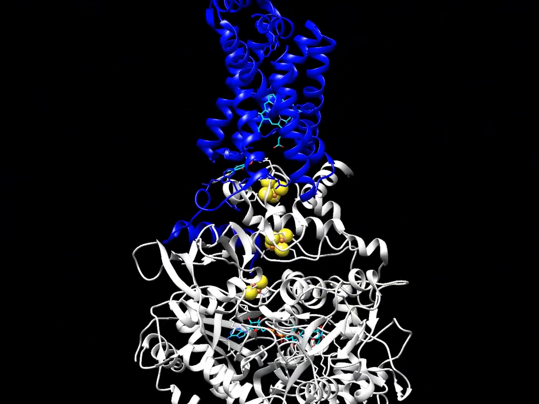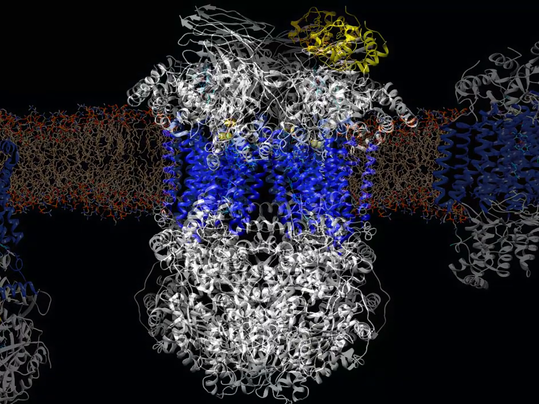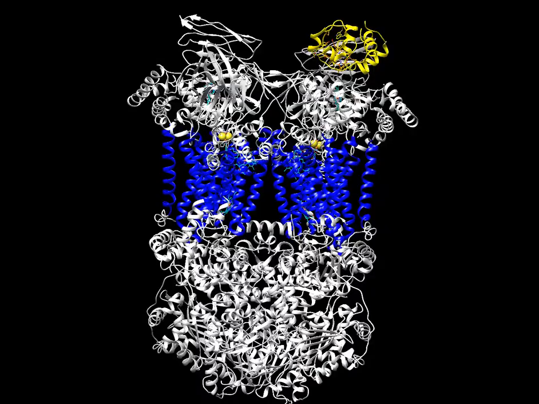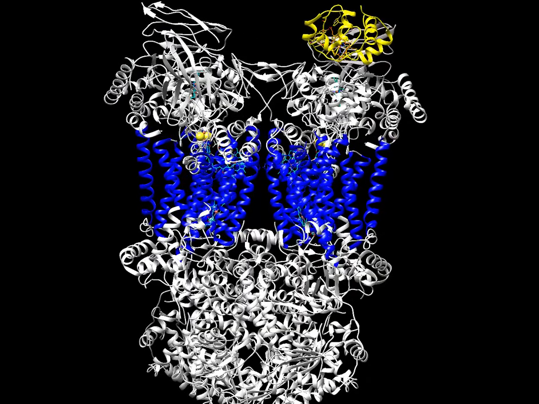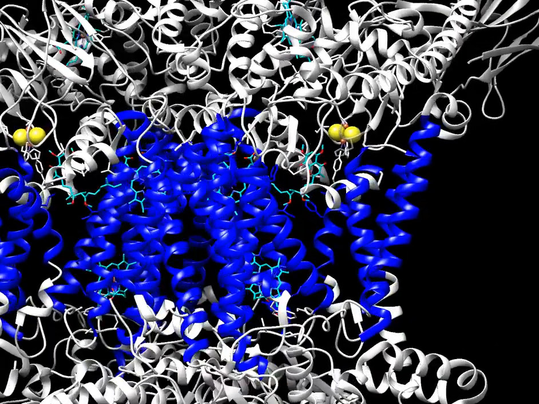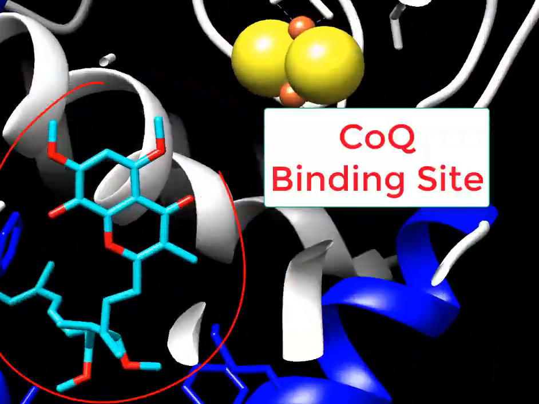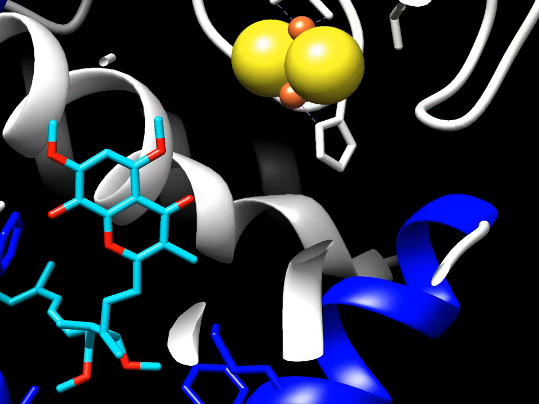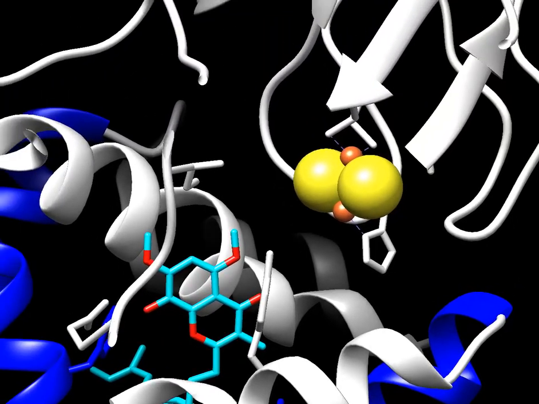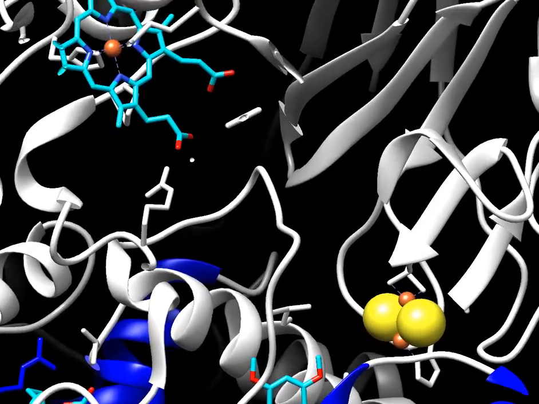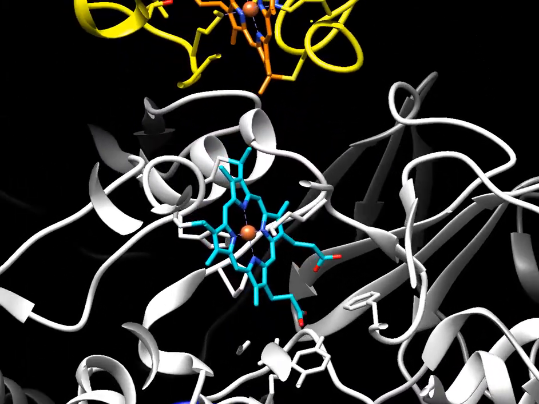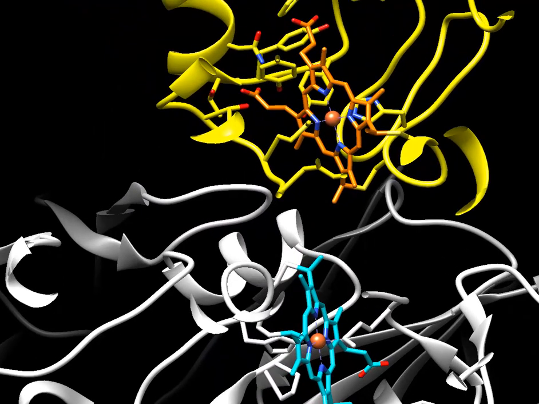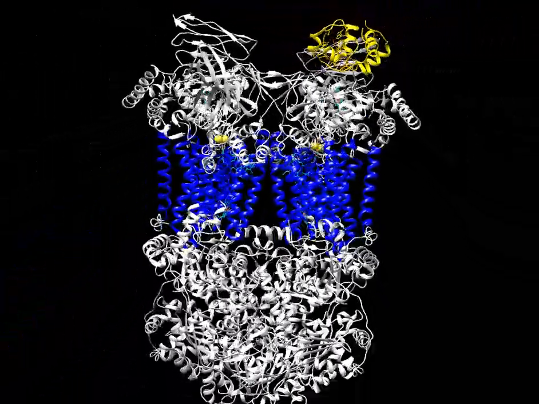Complex 3 is substantially more complicated. We're going to try to distill the really complex process that happens in complex 3 down to a more simple idea. So first, the electrons actually travel through 2 different paths from coenzyme Q. In the first pathway, 1 electron originating from coenzyme Q gets passed through a specialized iron sulfur cluster called a Rieske iron sulfur cluster, then through a heme group, ultimately onto the heme of cytochrome C. That's a 1 electron reduction process.